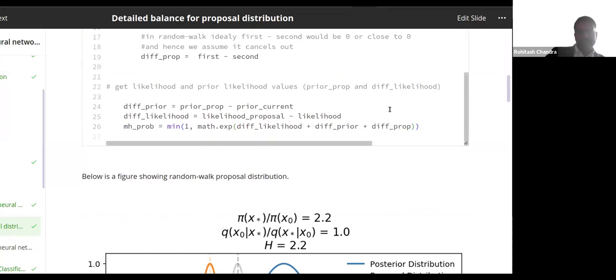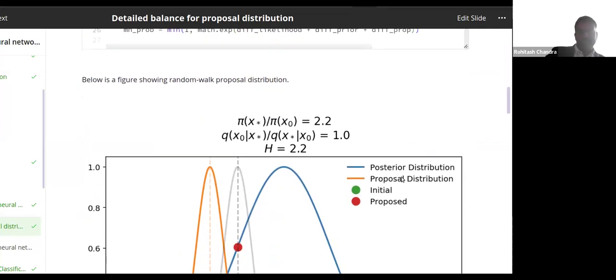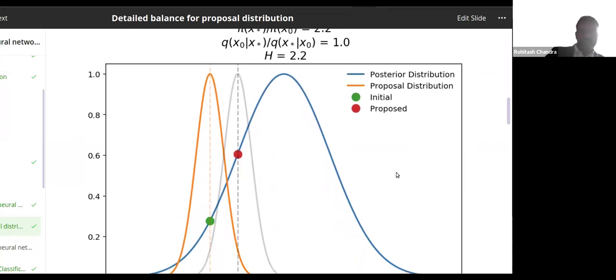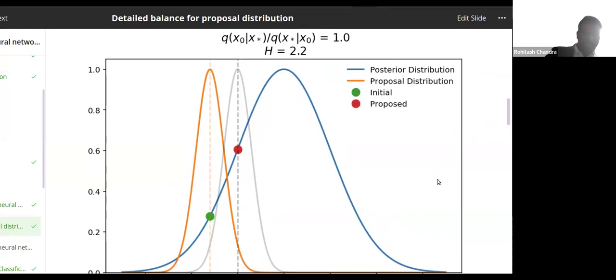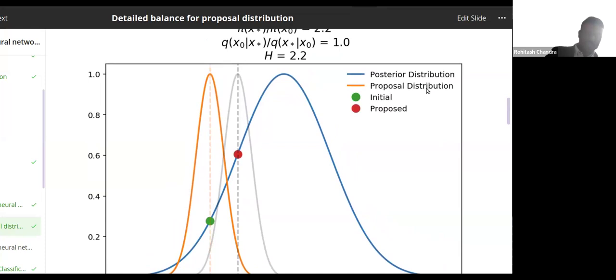So what is actually happening? As I said, we have a posterior distribution, and you can visualize the posterior distribution. This is what we are trying to go to. We have a prior distribution. You can assume that there is some prior distribution as well somewhere. And we have a proposal distribution.